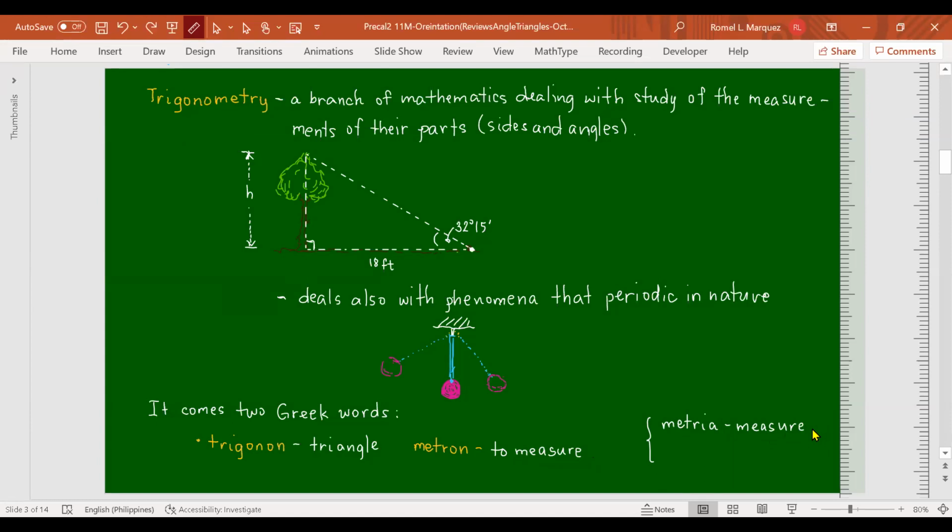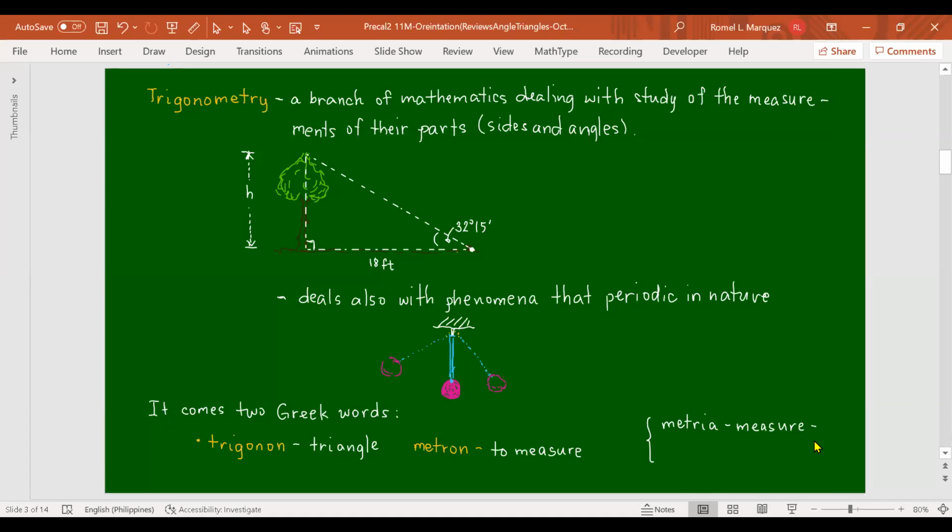Because of this ruler. And then if you use the word metrein, we mean a measure, meaning it's a value, a quantity.